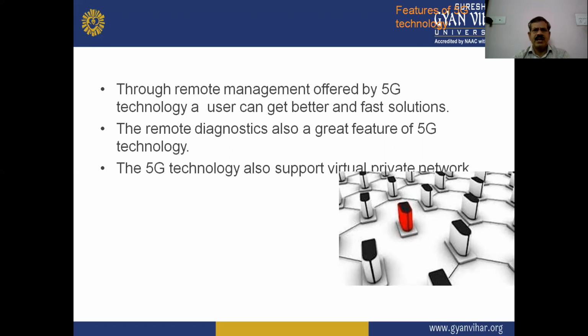Through remote management offered by 5G technology, a user can get better and faster solutions. Remote diagnostics is also a great feature of 5G technology. The 5G technology also supports virtual private network.